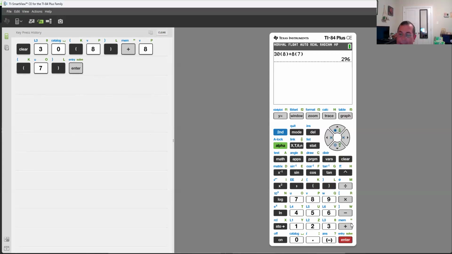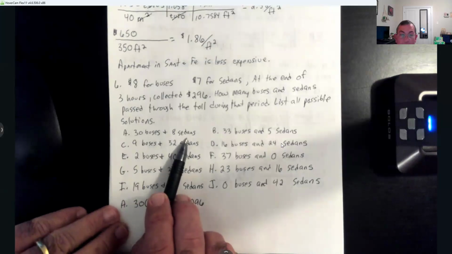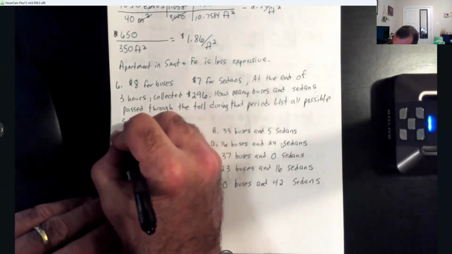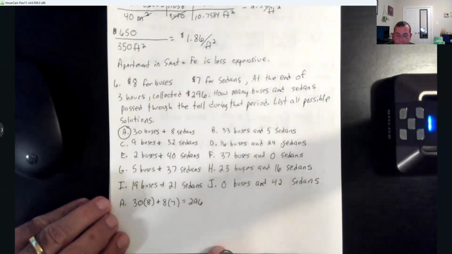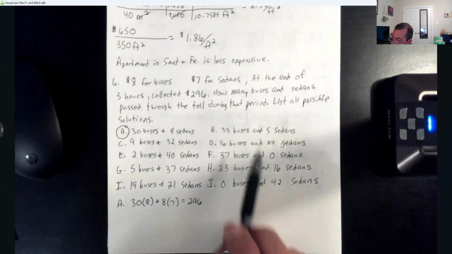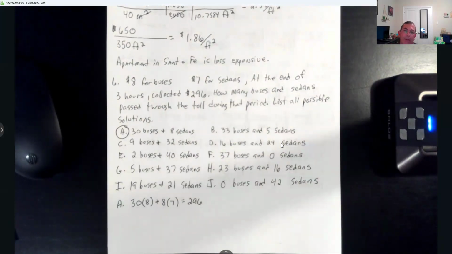And y'all look at that. I got 296. So what that means is A is one of the possible solutions. So I'm going to circle A. So y'all, somebody do B and tell me, is B a possible solution?